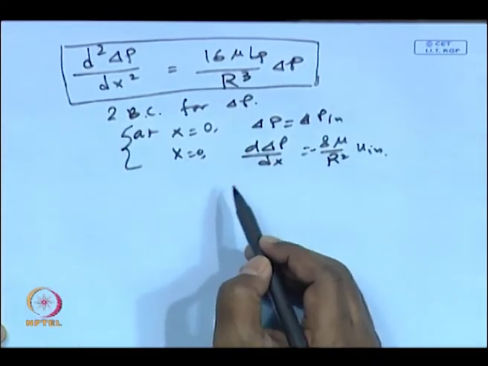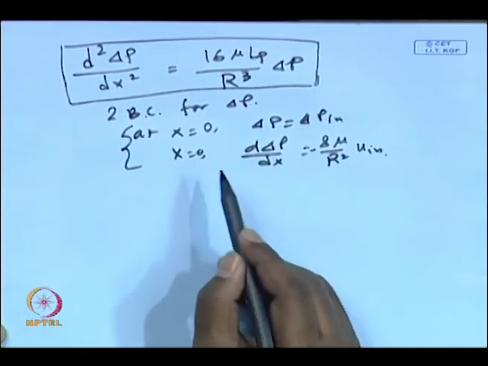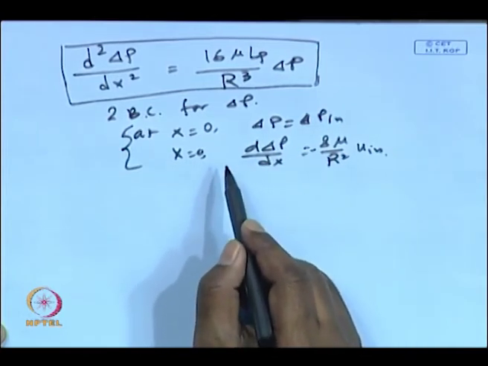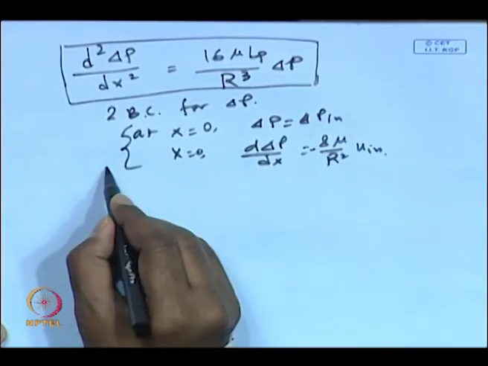Now, when both the boundary conditions are specified at the same boundary, there is a specific name to this system. Do you know that? This is known as the Cauchy boundary condition.